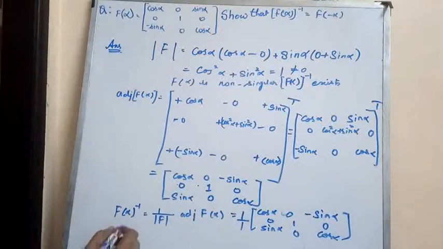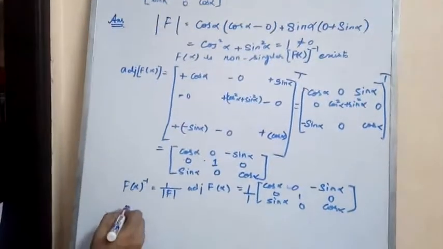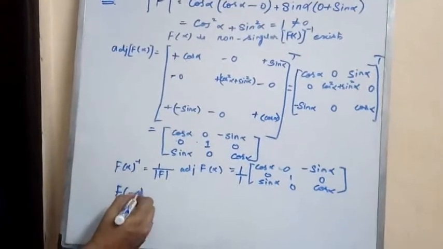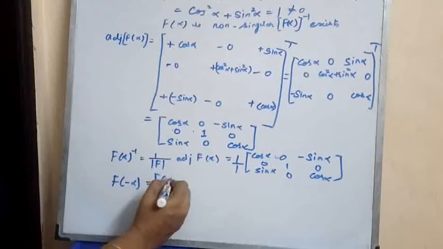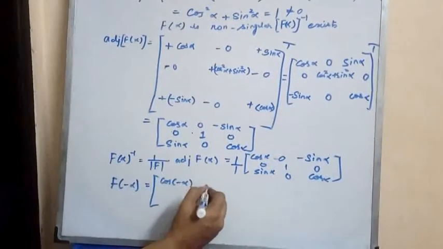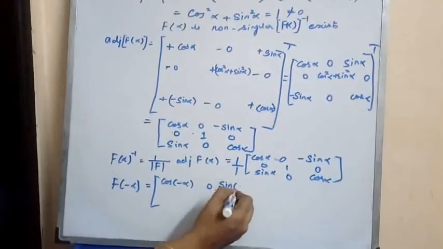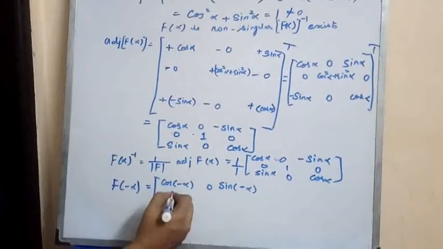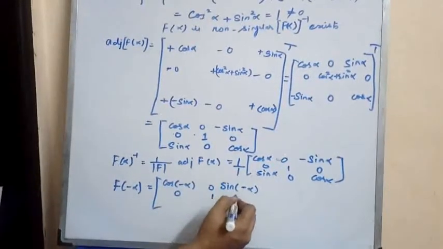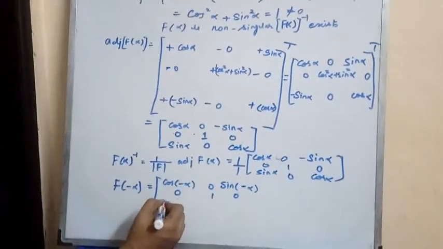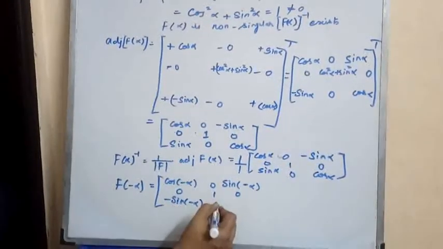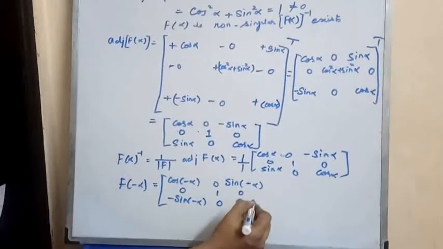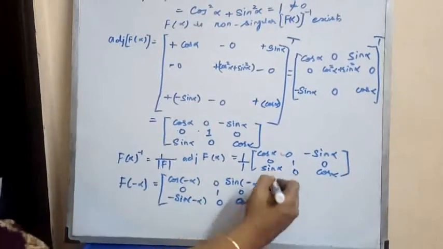So now we have to find f of minus alpha. So f of minus alpha is cos of minus alpha 0, sine of minus alpha, here 0, here it is 1, here it is 0 again, minus sine of minus alpha 0, cos of minus alpha.